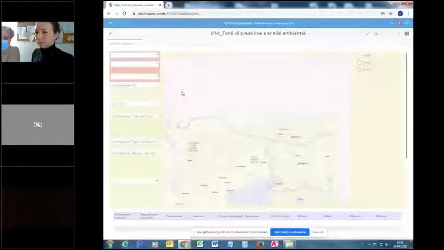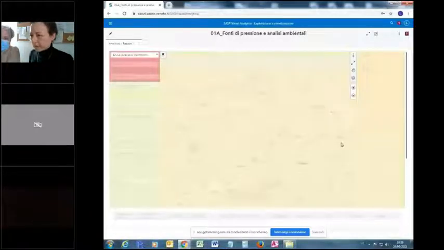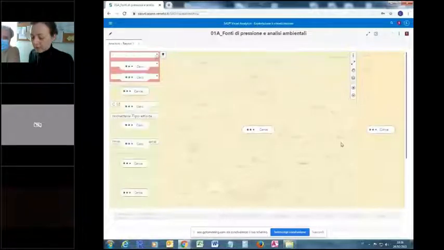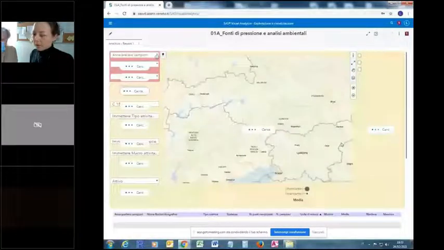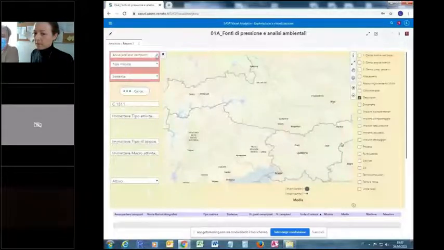In this second type of report, you can also visualize on the same map the data on environmental analysis.